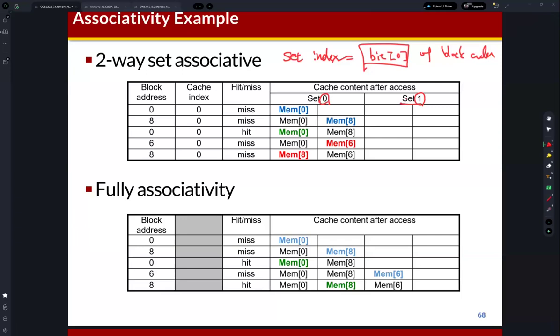In the direct mapped cache this was the cache index, but here it is the set index. Block address 0, the cache is empty, so it's a miss. Then 8 will be allocated to a different block in the same set, because the set index is the same. So what is different?